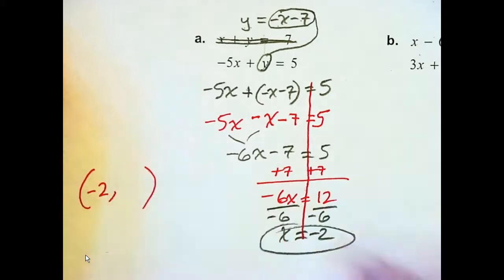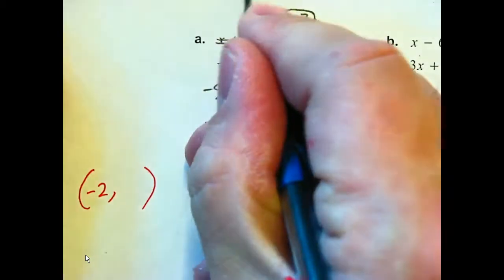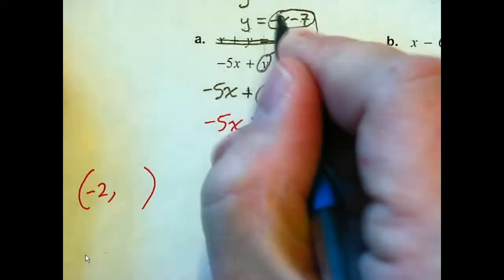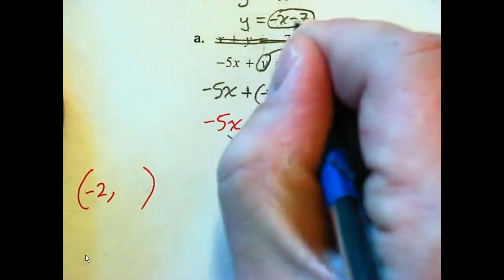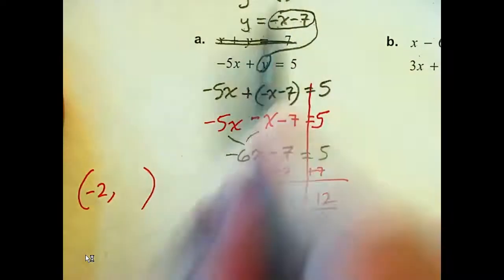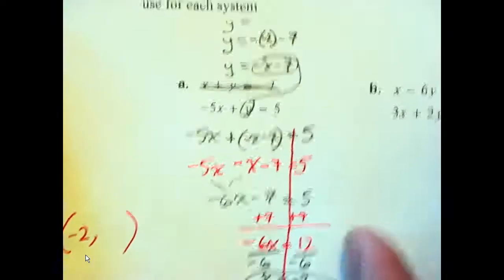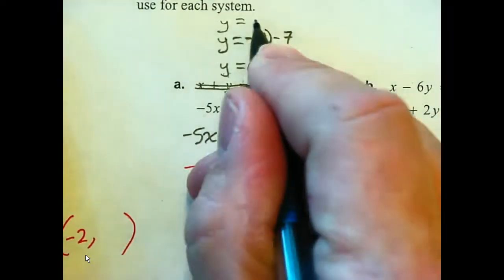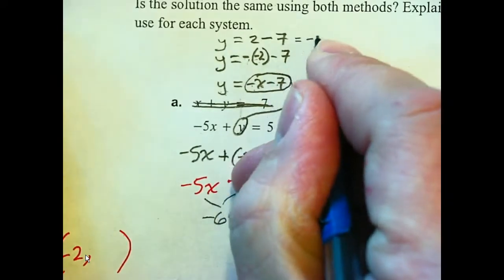We need the y. Well, we know y equals negative x minus 7, so if I put what x is in for x here, please note that you're actually only plugging in for x. The negative on the outside and the negative 7 on the outside of x, those stay. The only thing you're putting in is you're replacing the x with a negative 2. So negative negative 2 is 2. 2 minus 7 is negative 5.